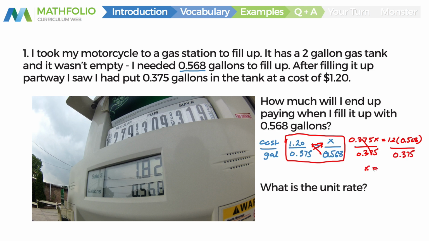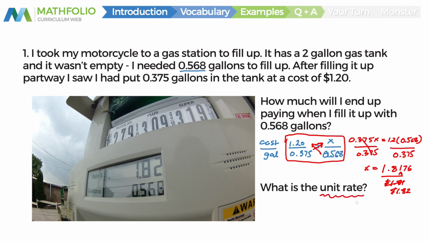So I'm going to grab the calculator, do the work. That gives me an answer of 1.8176. If I'm going to round this for the actual price, because it's money, I should probably stop right here. So it's going to be $1.81. But really that 7 is going to round it up. So therefore that's not the answer. It should be $1.82.